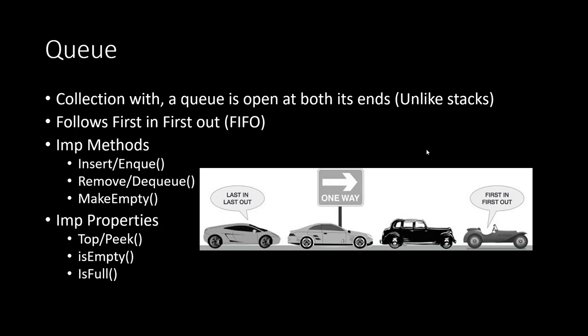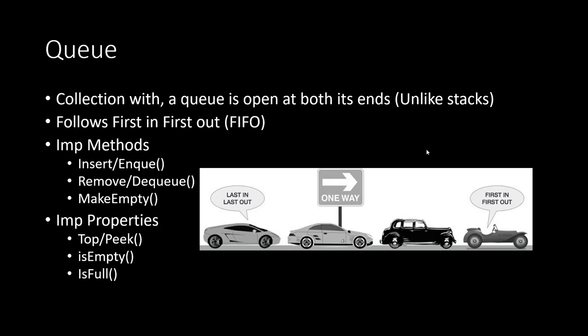Now coming to the different methods that are important for queue. Like stack, queue has some of those methods, though the names have changed here. For insert, if you recall, in stack we call it push.